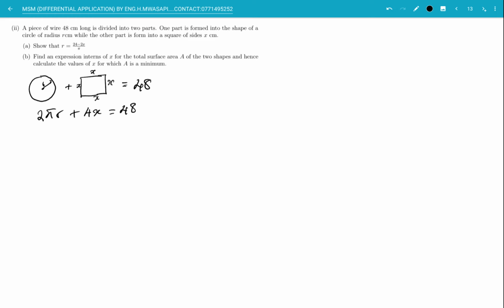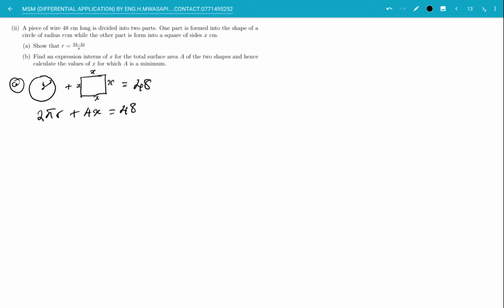So now our job is to express r in terms of x, or making r the subject of the formula. So we're going to have 2 pi r is equal to 48 minus 4x. Then we're going to divide both sides by 2 pi.